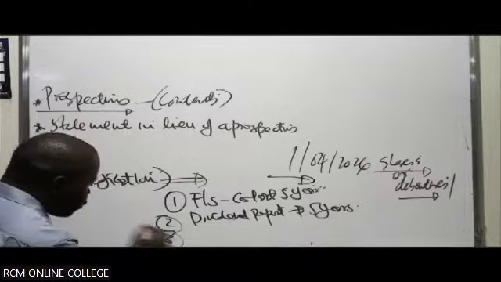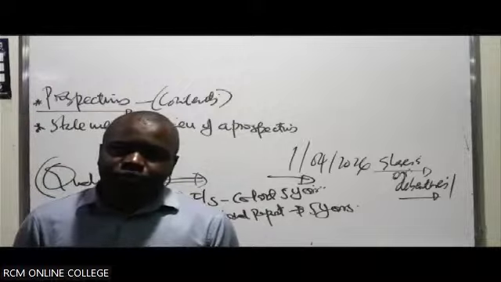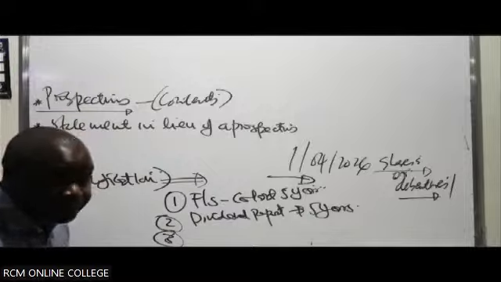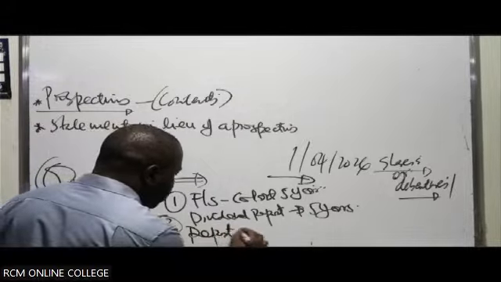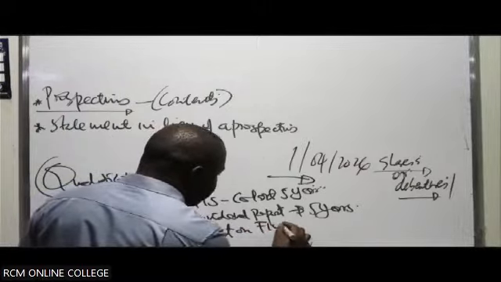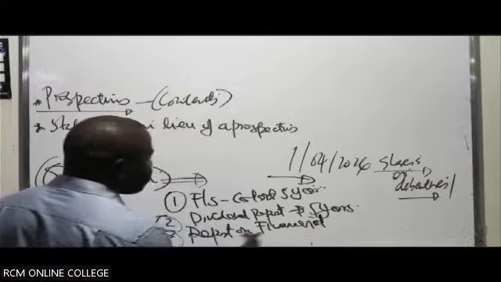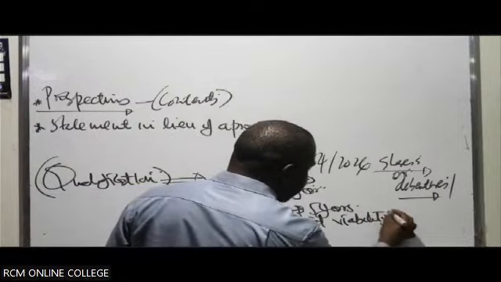Number three, what is also very essential, assuming this company is raising this money for a very essential project, is a report on the financial viability of the projects the company will likely be involved in.